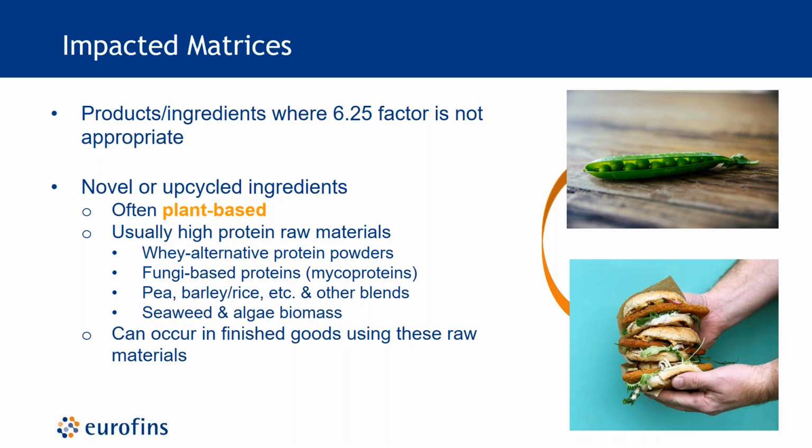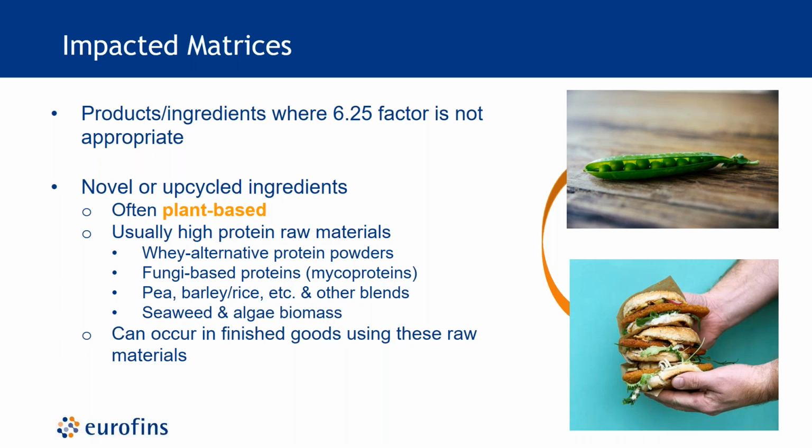Usually when these materials are in the raw material form is when we see the exaggerated mass balance discrepancy. Usually this is when your fiber and sugars greatly exceed your carbohydrates, when we're testing the raw material. So the nutrition facts panel that I put as an example on the previous slide of the whey alternative protein powder is a great example of where we see this occur.